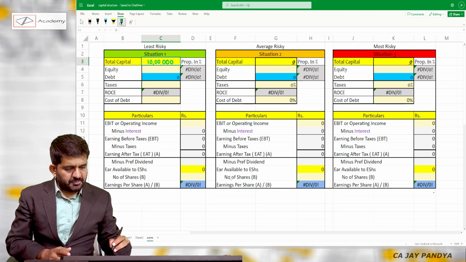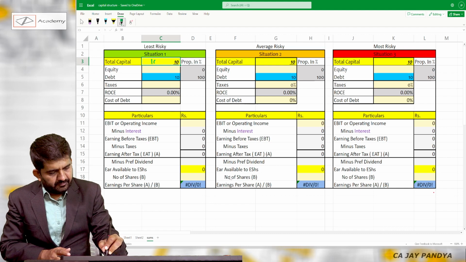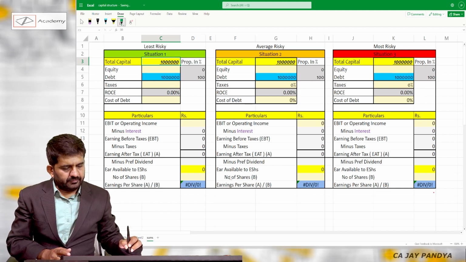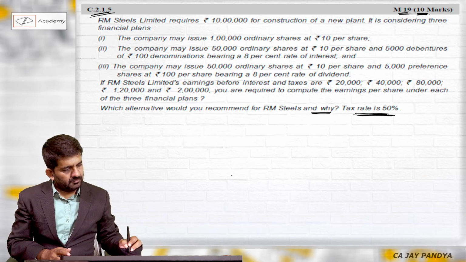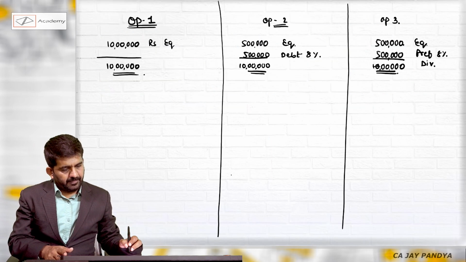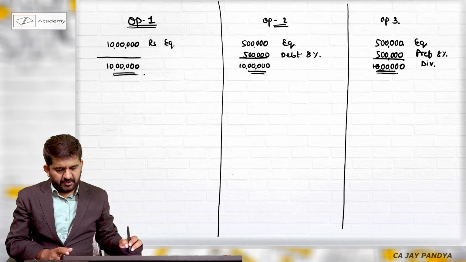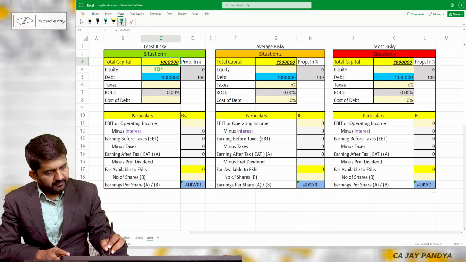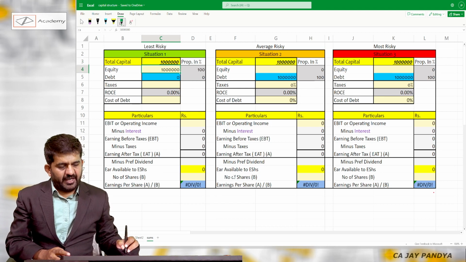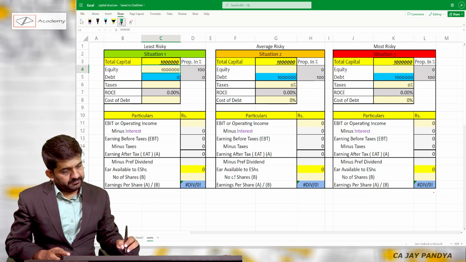Situation number 1 is option 1, and 100% is equity. So no debt, it is a less risky plan.